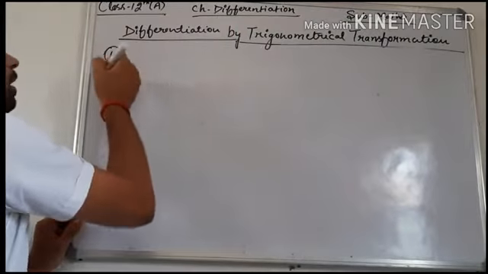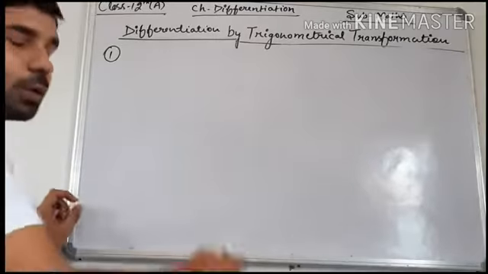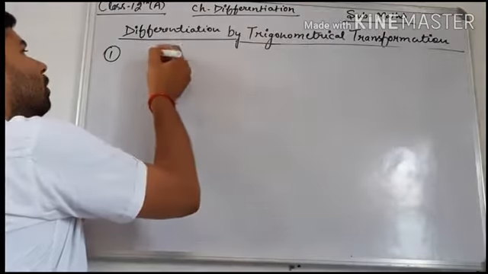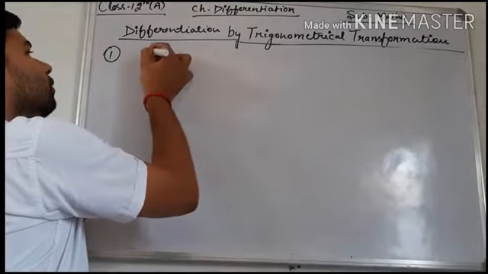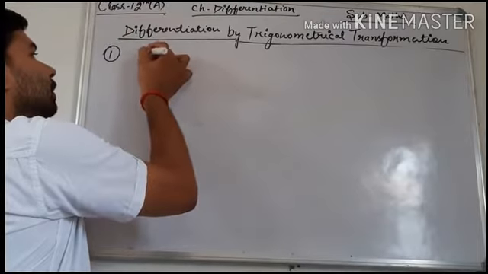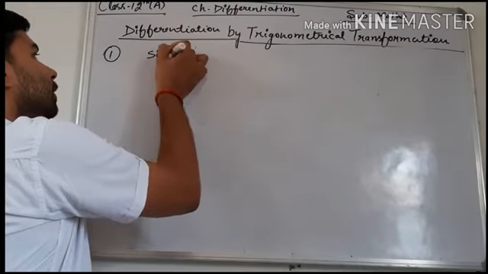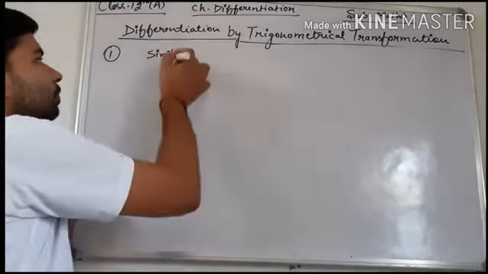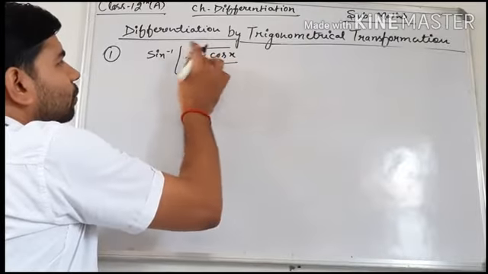Now let's see example number 1. You have to differentiate the function sin inverse under root 1 minus cos x upon 2.